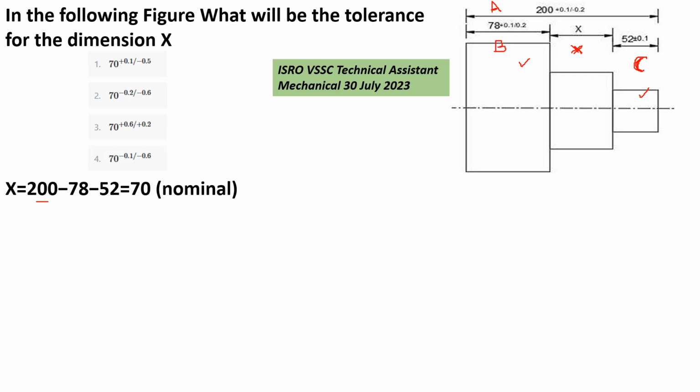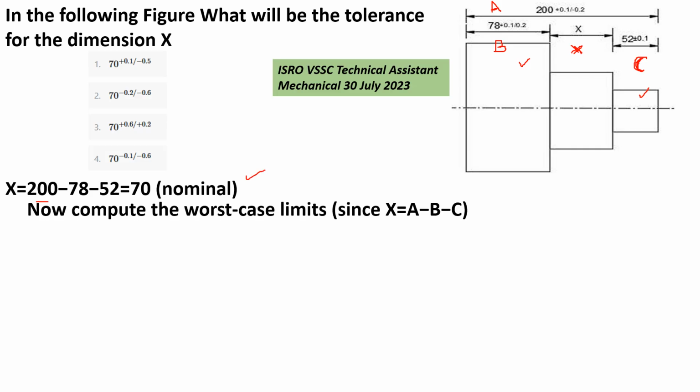So 70 is the nominal size. Now we have to calculate the worst case limits, because X equals A minus B minus C. Here A is the overall length, and B and C are the individual step lengths.